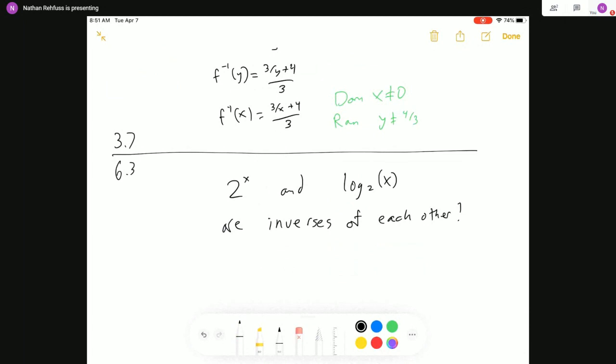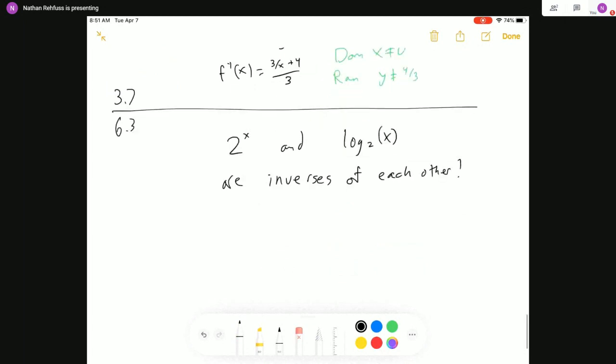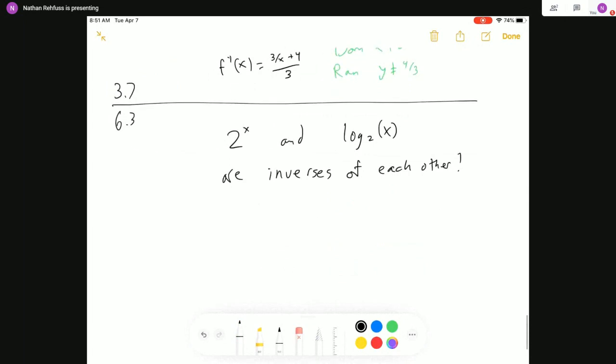These are opposites. Because, for example, if I said f of x equals 2 to the x, f inverse of x equals log base 2 of x, what I'm asking is these have to undo each other.